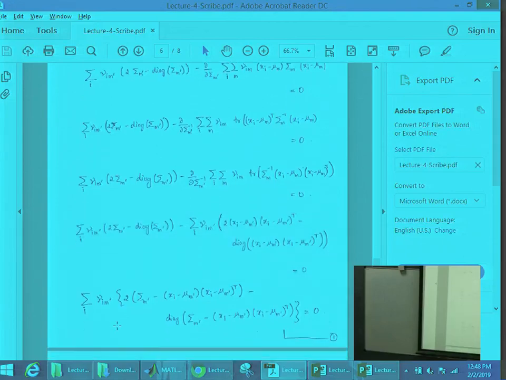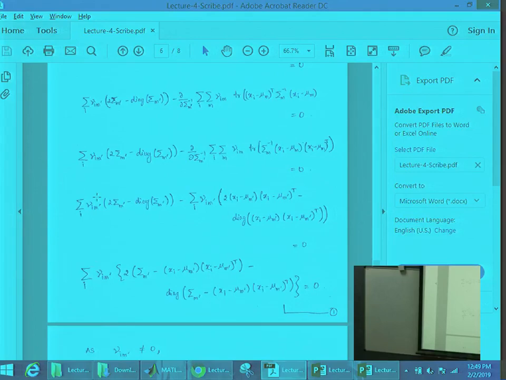Now what you can do is you can split this and move whatever the diagonal term to one side and whatever the main matrix term to the other side. Okay, if you do that, then any of the multiplier is the same, so you can take these two sums and put them together.